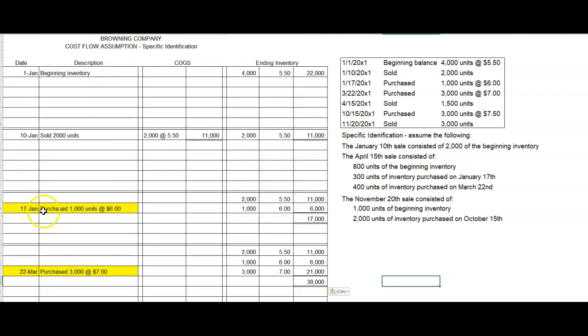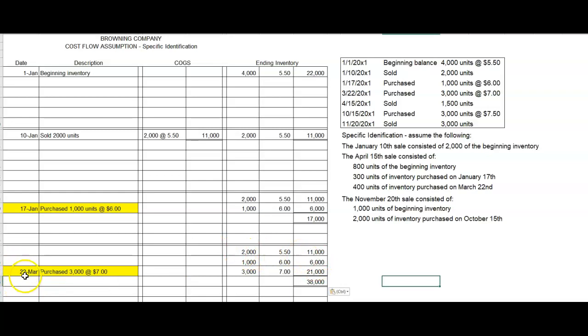Then record the next layer of inventory on the January 17th purchase. 1,000 items times $6 apiece equals $6,000. Total inventory available for sale after the January 17th purchase then is $17,000. Carry these two layers of inventory down to the next date box.